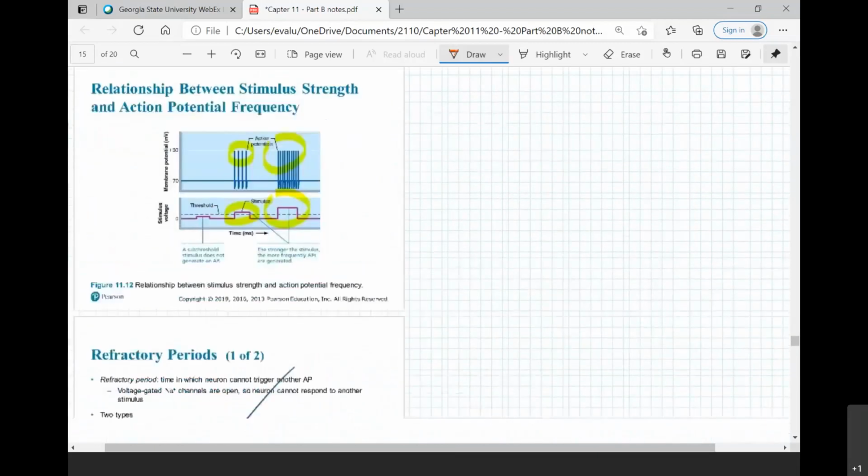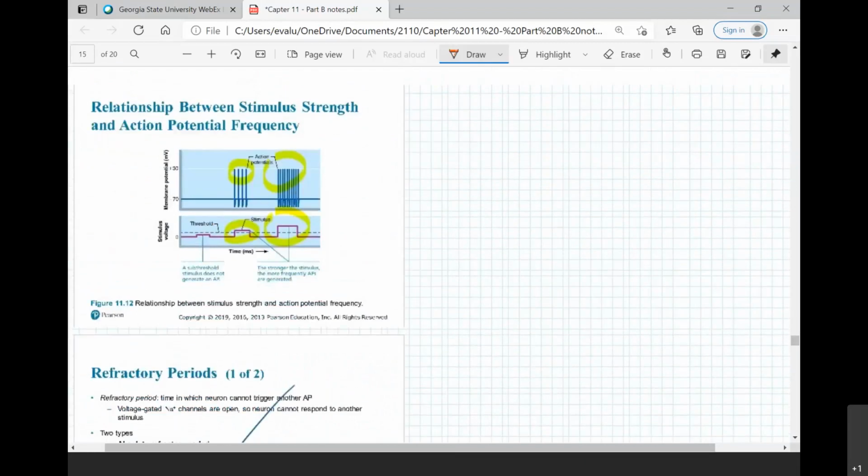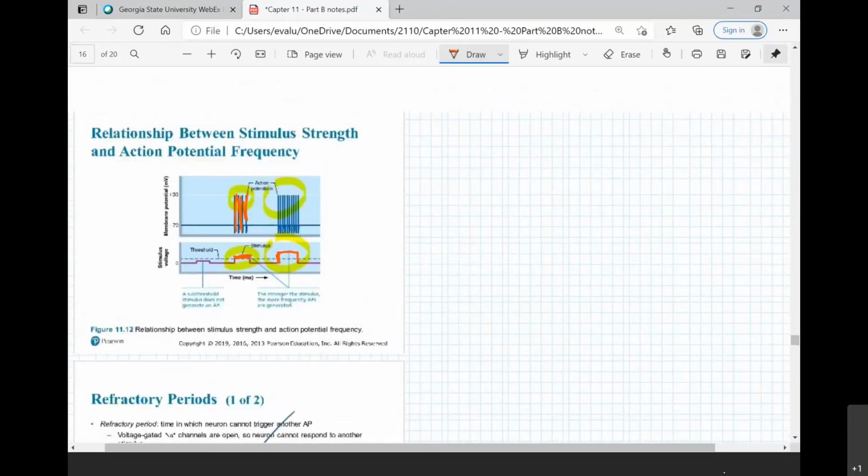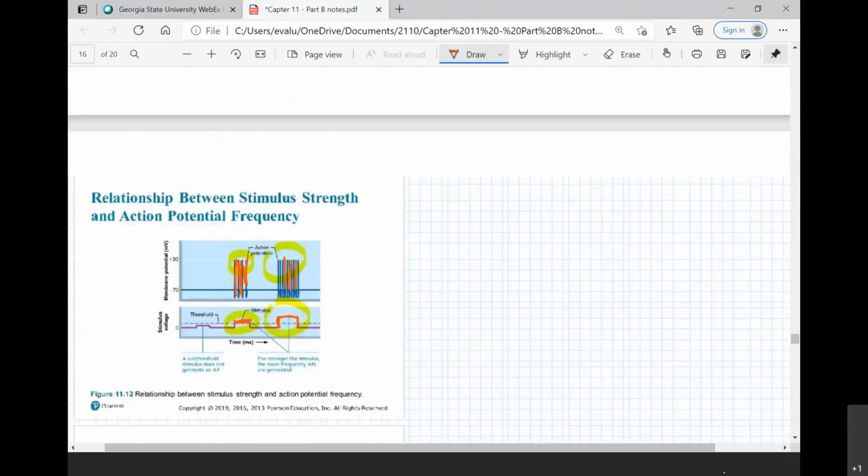So whenever we have a super strong stimulus strength, this graph shows that if the stimulus is right here, you're going to have this much action potential. But you could also have this much stimulus strength and you're still going to have that much action potential.